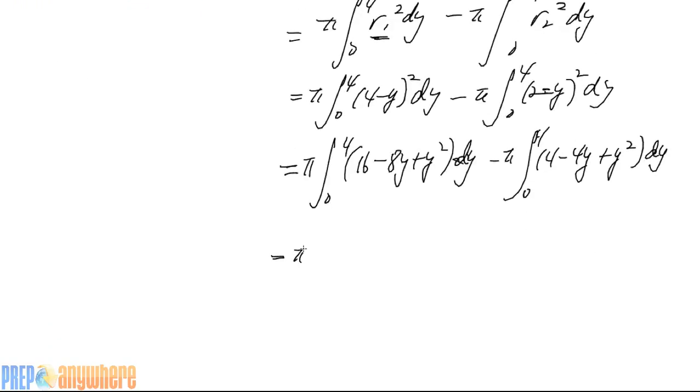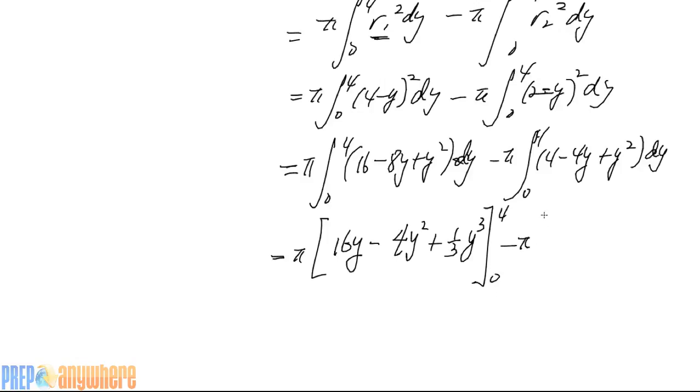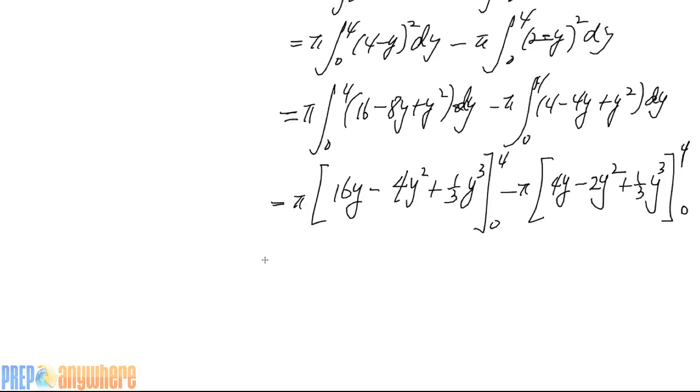So pi times 16y minus, y squared times a half, so it's going to be 4y, and y cubed times 1 over 3. I did that relatively quickly because I'm assuming at this point you know how to do this basic antiderivative quickly. Here too, it's 4y minus 2y squared plus a third of y cubed, from 0 to 4. All right, we're almost done.